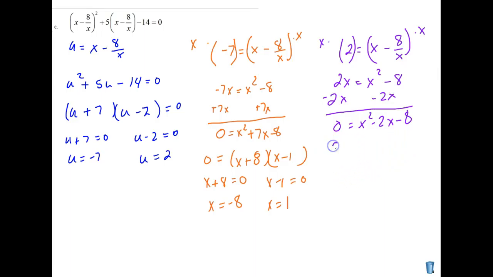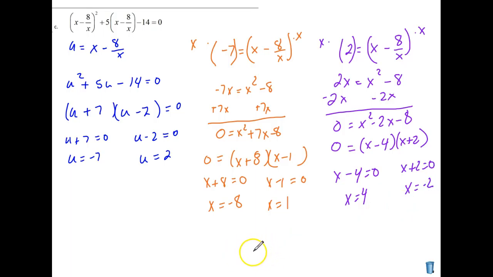And then I say, well, can I factor this? Sure, I can do this as x minus 4 and x plus 2. So x minus 4 equals 0, so x equals 4. And x plus 2 equals 0, so x equals negative 2. All of these are solutions for my original equation.